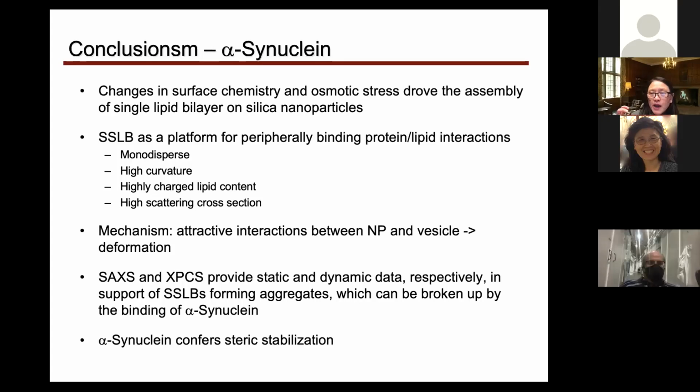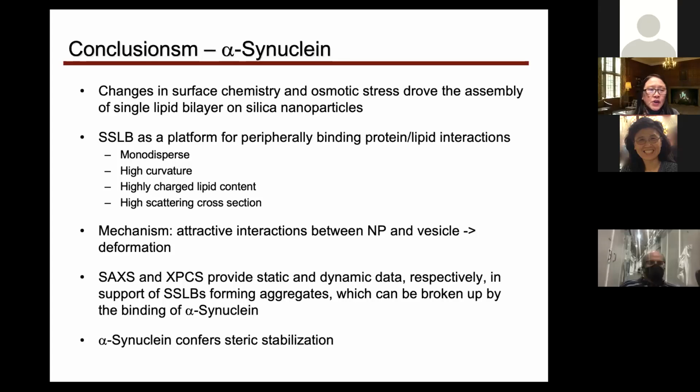And with that, we were able to do various types of X-ray as well as biophysical measurements to allow us to understand the mode of interactions between the nanoparticle and the alpha-Synuclein, and give rise to both dynamic and static data to allow us to get at the modality at which this protein interacts with the lipid and how that surface association gives rise to protective, repulsive interactions that confer steric stability of the whole system so that they won't aggregate.